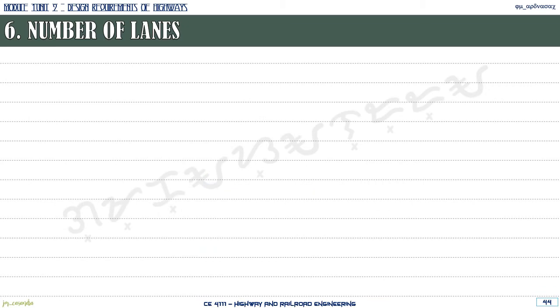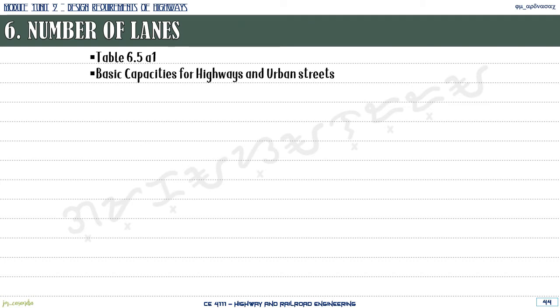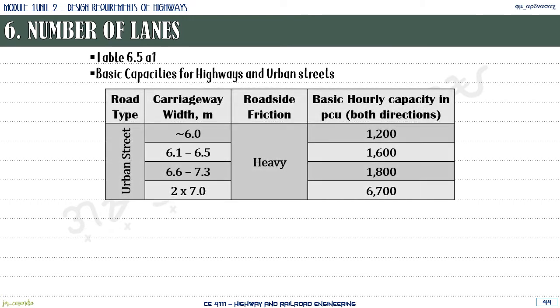So to help us with the design of our volume and the number of lanes, we will now be using table 6.5a, which shows us the basic capacities for highways and urban streets. For an urban street, we have to identify your carriageway width, and from here we'll be able to see its equivalent basic hourly capacity measured in PCU.